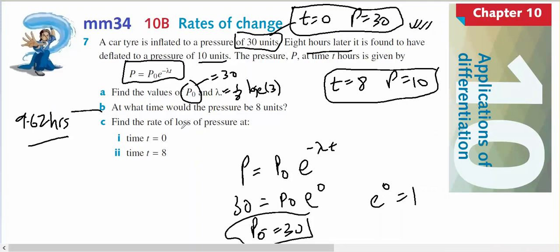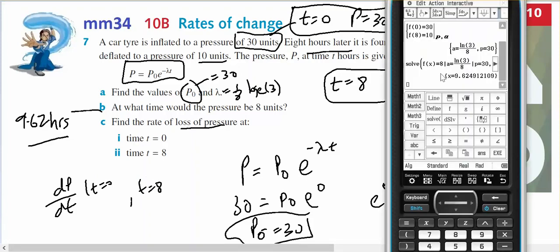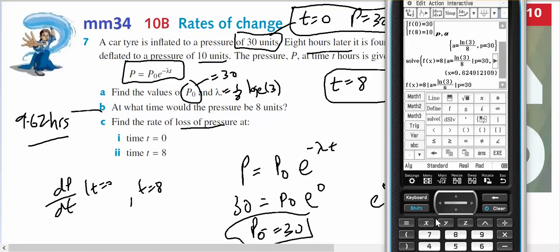Find the rate of loss of pressure. Okay, so the rate of loss of pressure will be dP/dt at t equals 0 and also at t equals 8. So I'll bring up my calculator again. I'm going to take my f of x with its given information, and I'm going to press EXE.